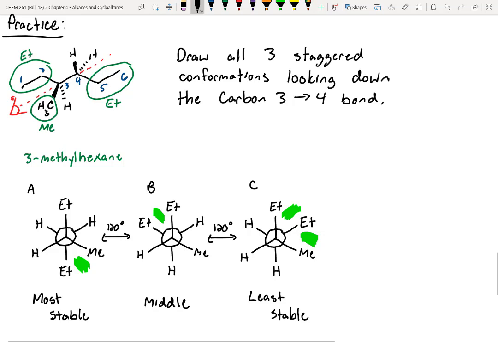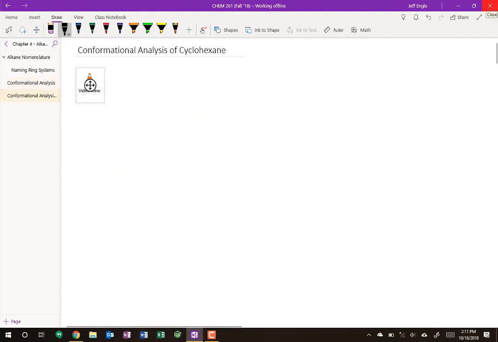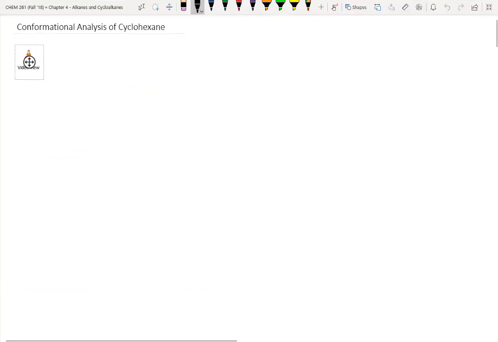Make sense? Okay, so we're going to change gears a little bit and start talking about cyclic ring systems. And specifically, we're going to look at cyclohexane. There are many ways to draw a cyclohexane.